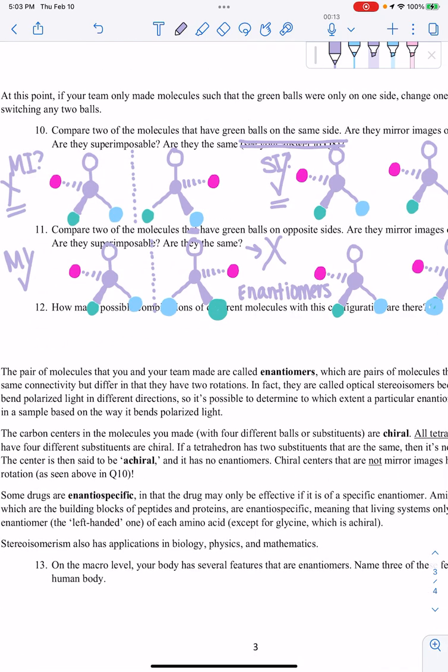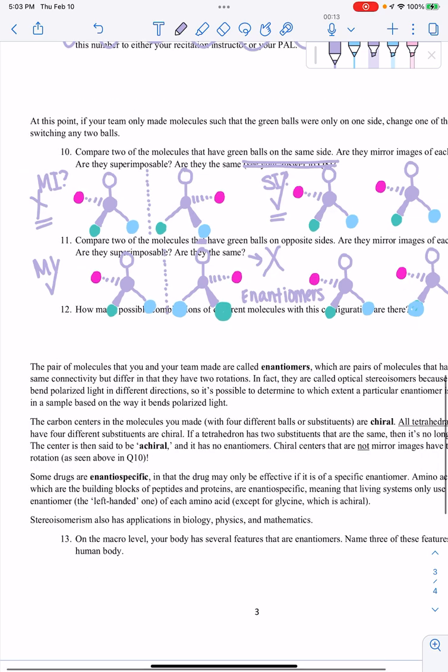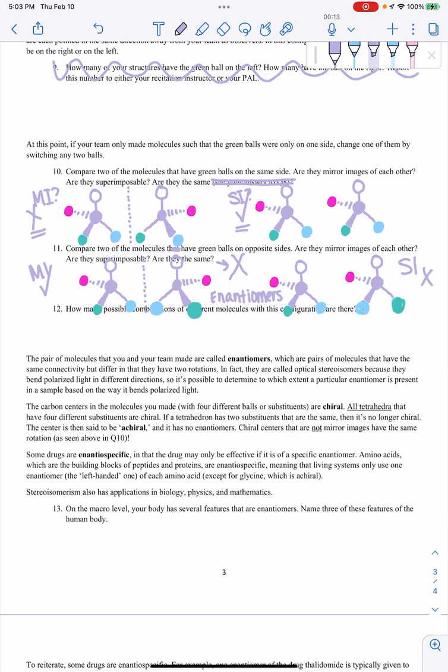So question number 12, it's kind of covered, but it's asking how many possible combinations of different molecules with this configuration are there? And we'll find, and you probably found with playing around with your model kit, that you can only come up with 2 different possible combinations, because no matter how we disconnect and reconnect the red, white, green, and blue balls, we're going to get one of these 2 structures with either the green ball on the left or the green ball on the right.